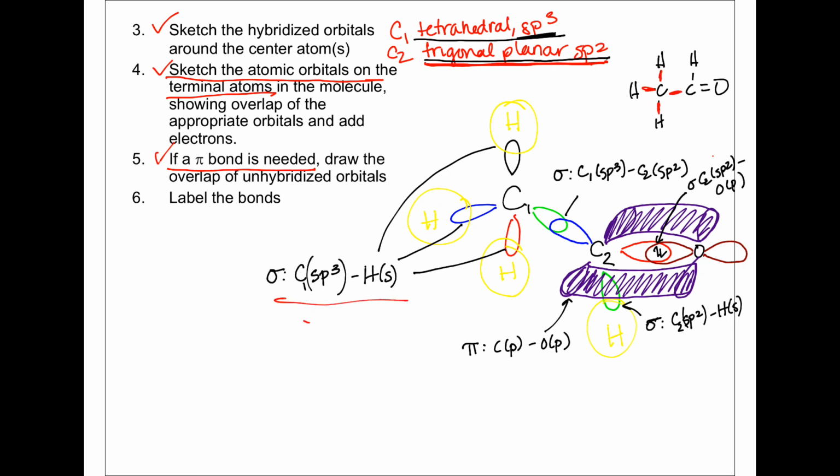We labeled this bond right here. We labeled this bond right here. We labeled this bond right here. And we labeled this bond right here. So I feel like we have explained all the bonds. That's what we need to make a good valence bond structure, or a good valence bond diagram.